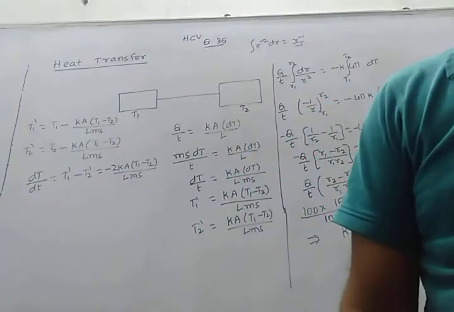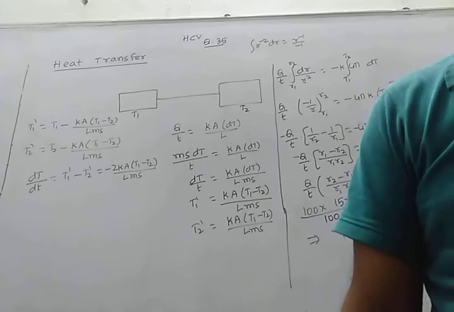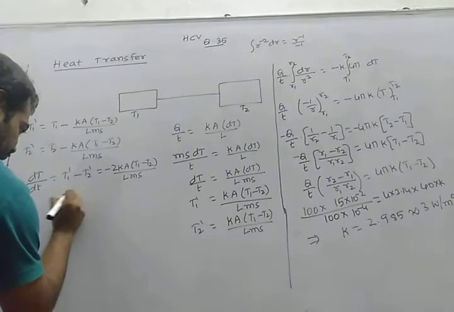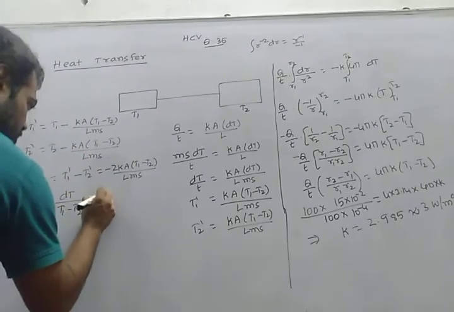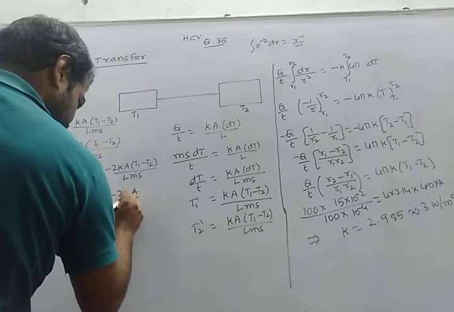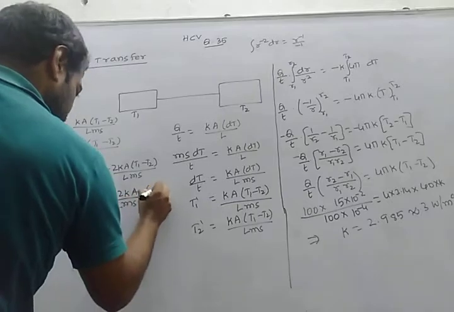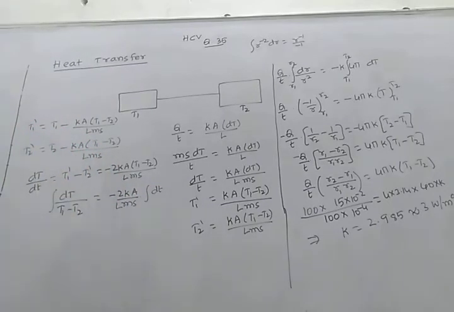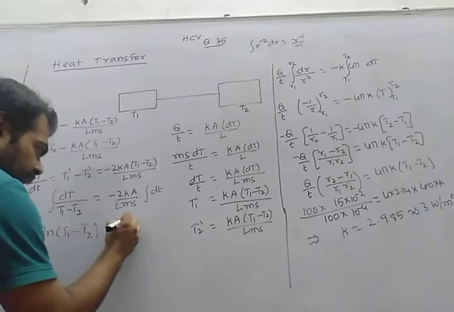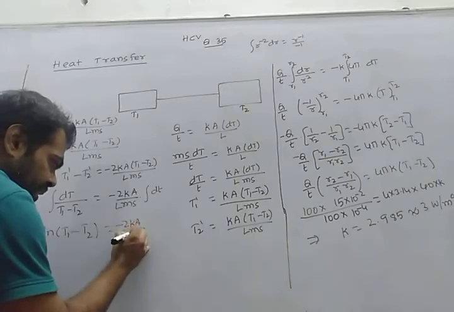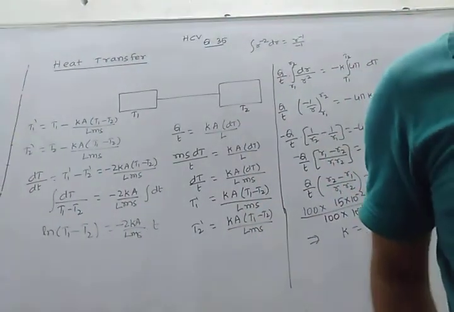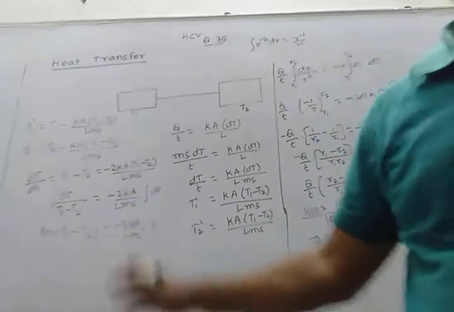Now upon integration we'll get the time: d capital T by T1 minus T2 is equal to minus 2 Ka by Lms into integral dt, that is nothing but ln of T1 minus T2 equals minus 2 Ka by Lms into t.